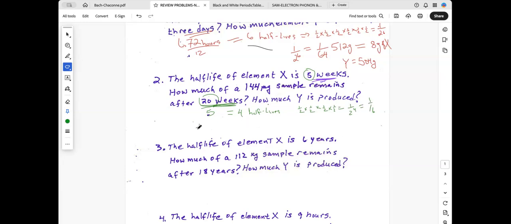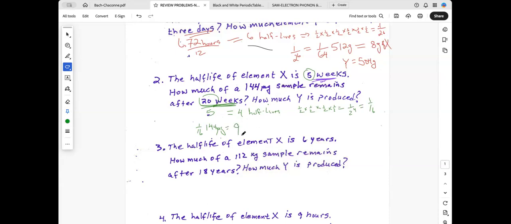And a half times a half times a half times a half is 1/16. So there's only 1/16 of, what do we start with? 144, I guess that's micrograms, right? So if we divide 144 divided by 16, hopefully we get 9, I think.